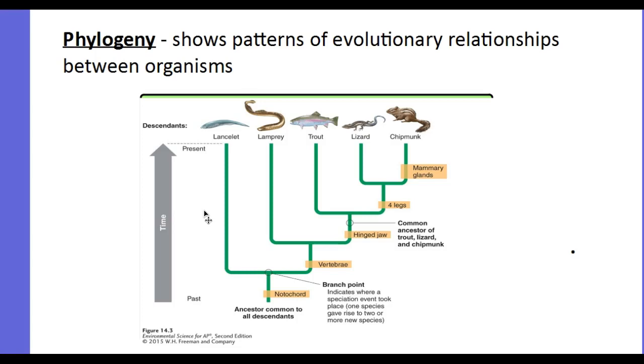So the first one to evolve was the lancelet because we see it the lowest down here, and usually they're the furthest to the left as well. When we look at relationships between species, usually organisms that are close together are more closely related than organisms that are far away. And then we have the traits down here. So they just show how organisms evolve. Again, it's just kind of a review.